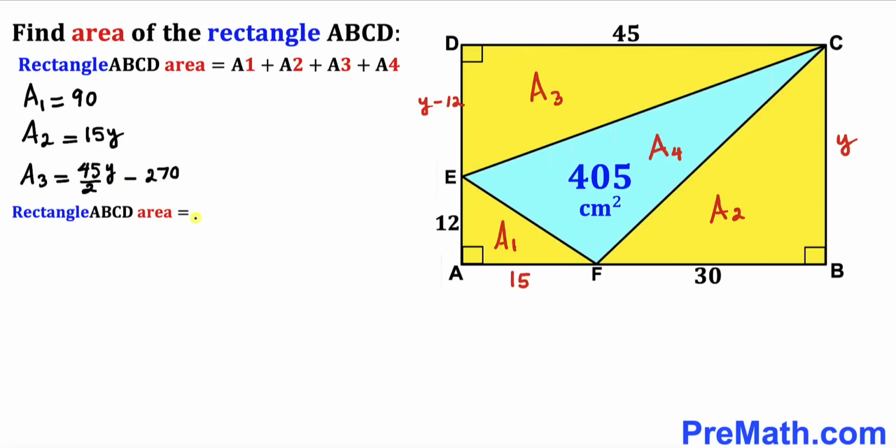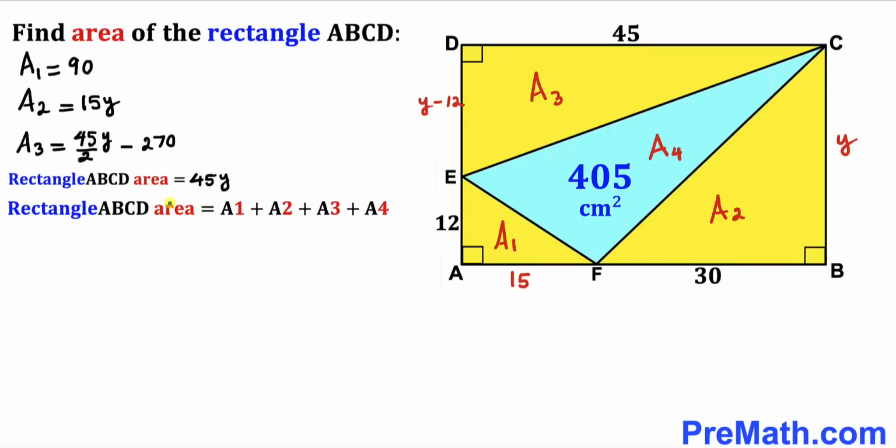And finally, let's calculate the area of this rectangle ABCD. Area is always equal to length times width. So the area of this rectangle ABCD is going to be 45 times y. Now let's substitute all these individual areas. We already figured out the rectangle ABCD area, along with A sub 1, A sub 2, A sub 3, and our A sub 4 area is 405 centimeters square.